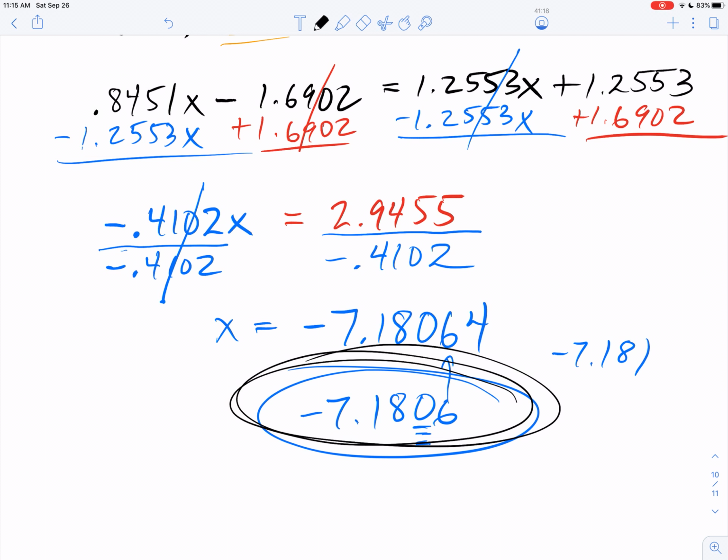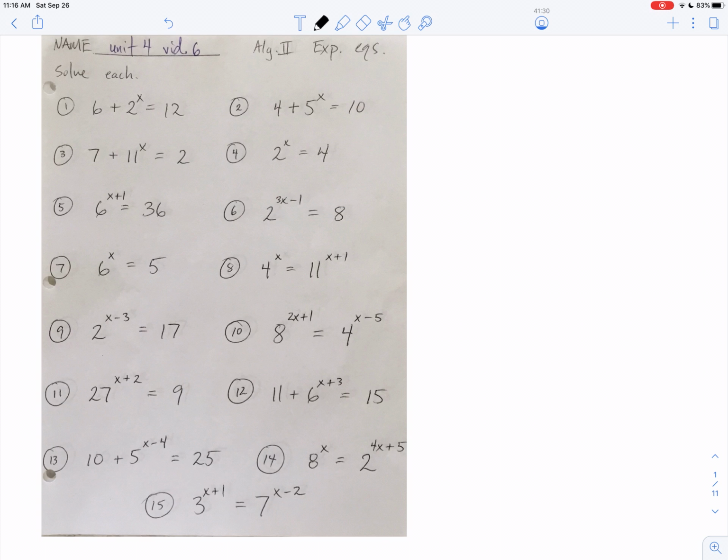So, here is what I'm going to tell you. Let me scroll up to the very top now. This is your practice sheet. Solve each. So these are exponential equations. Some of them you can make the bases match. I tried to make some of them super duper criminally easy, like number 4.